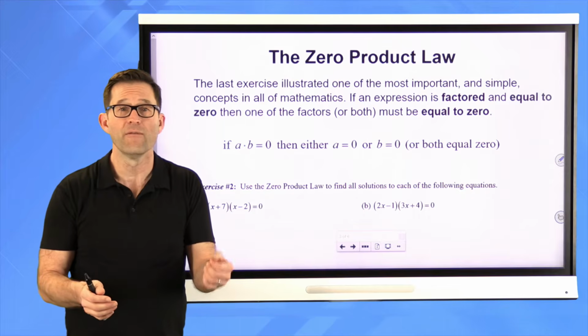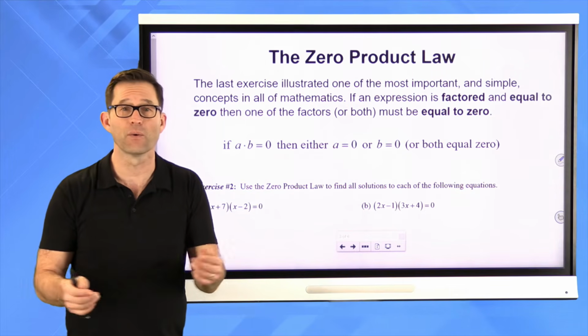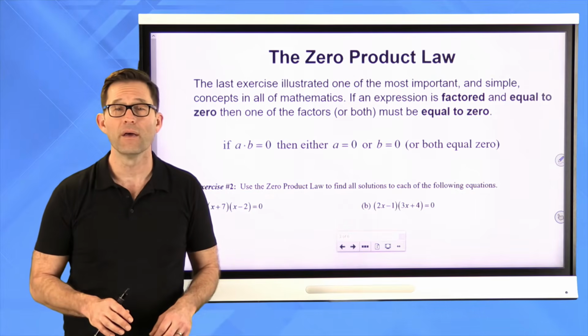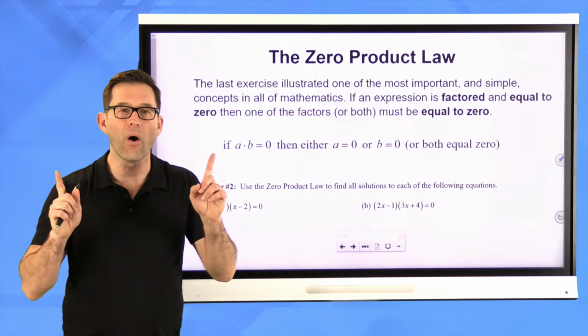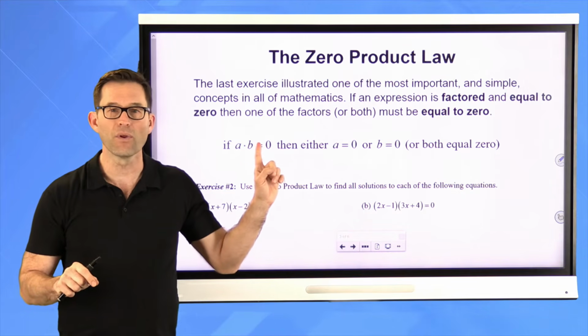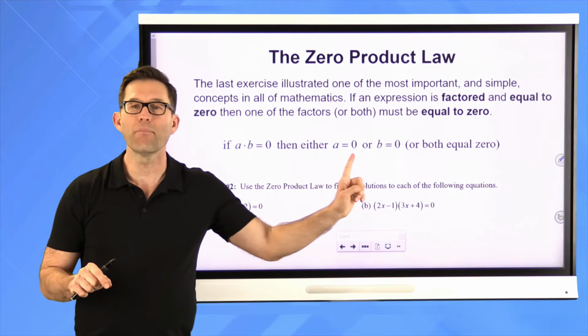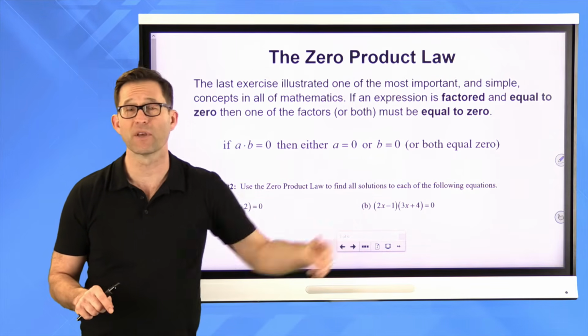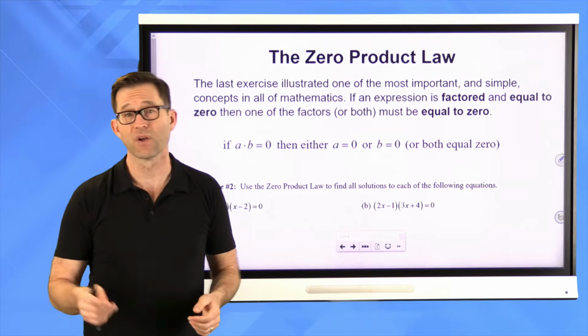I could have 5 times 1/5, that's equal to 1, or 2 times 1/2, that's equal to 1, right? But 0 is unique in all of numbers by the fact that if a product is equal to 0, then one part of the product or both must be equal to 0. I have to throw in or both because, of course, 0 times 0 is also 0.